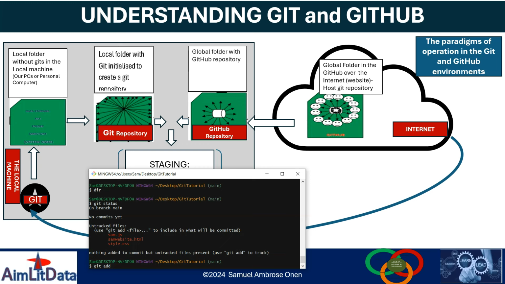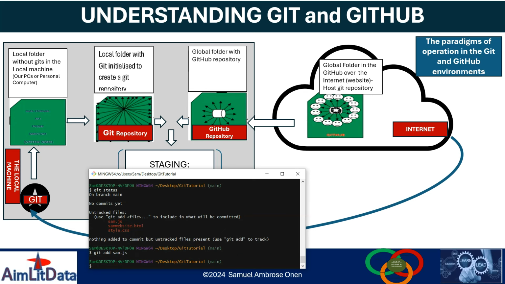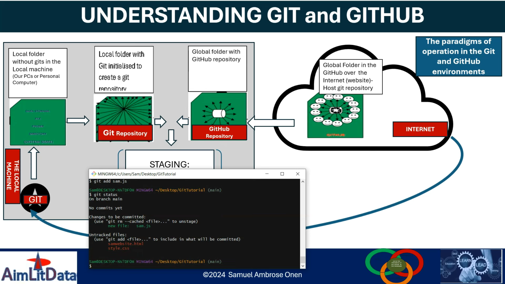Let's say we want to add sam.js. You see, and then run git status. My friend, as you can see, one change is to be committed. Use git rm --cached file to unstage. You see, Git is very intelligent.